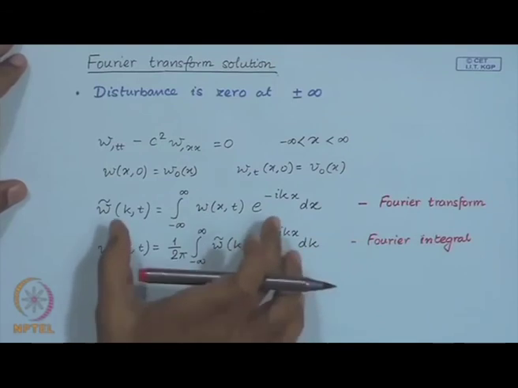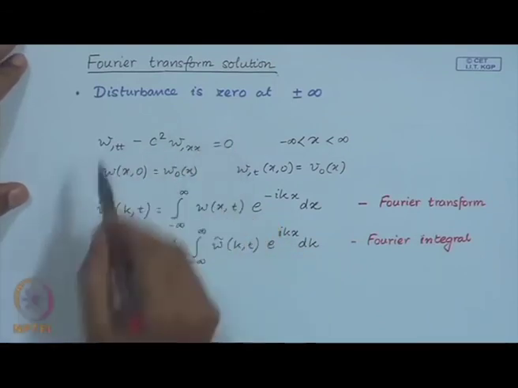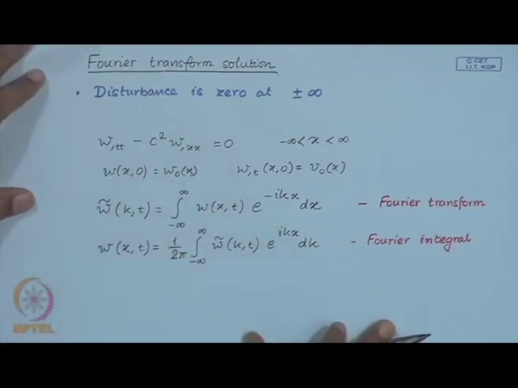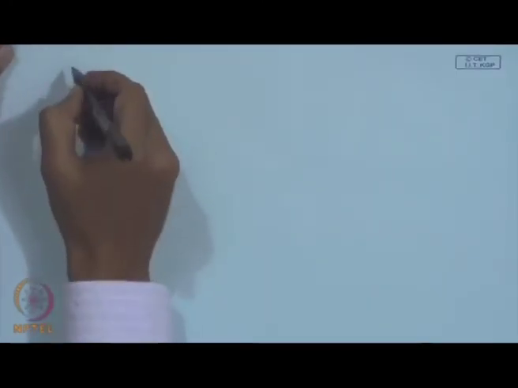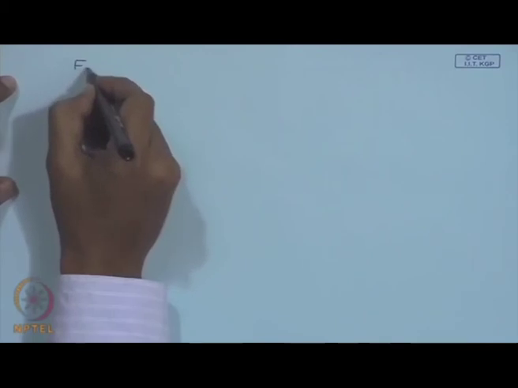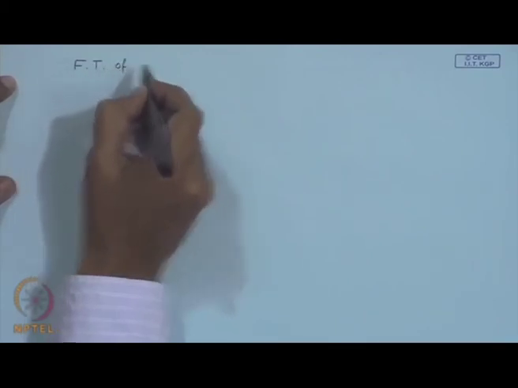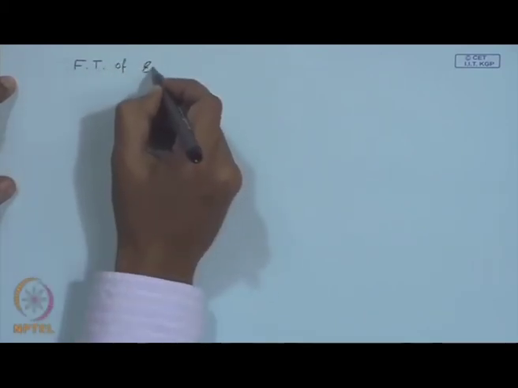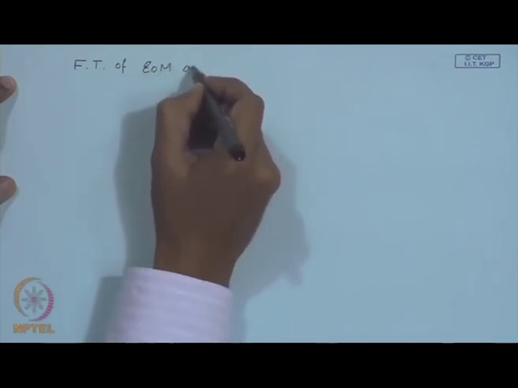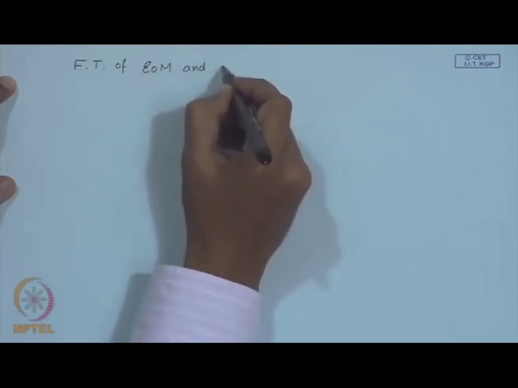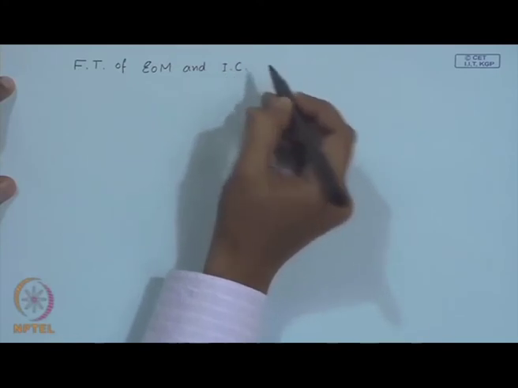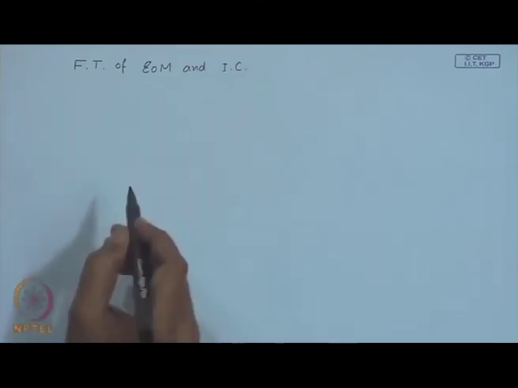Now, what we do is we take the Fourier transform of the equation of motion. So, if we do that, and of course, also of the initial conditions.